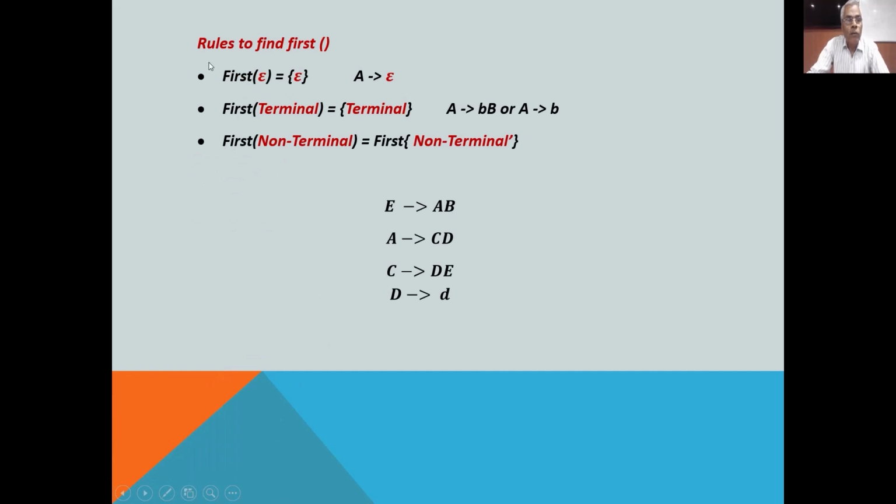What is the rule to find the first? There are three rules. If the production is A to null, then first of A will be first of this terminal, and this terminal will be the first of that non-terminal.